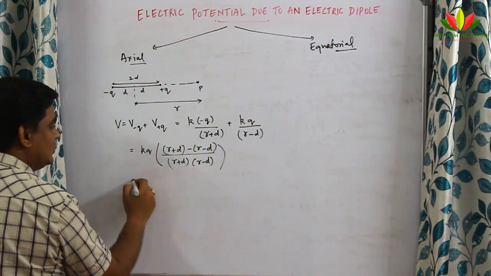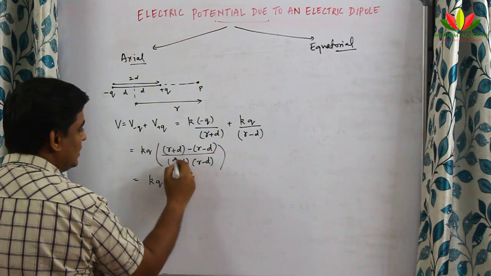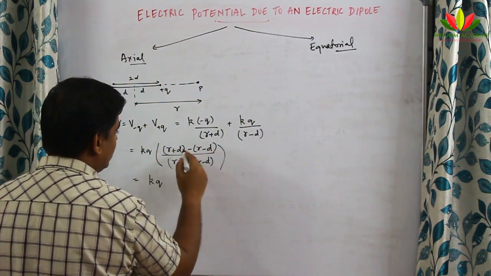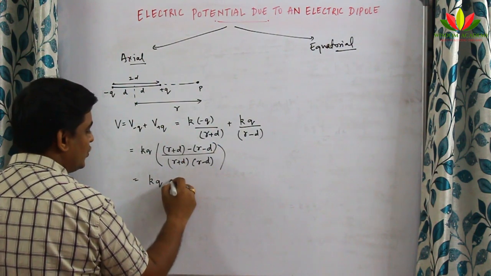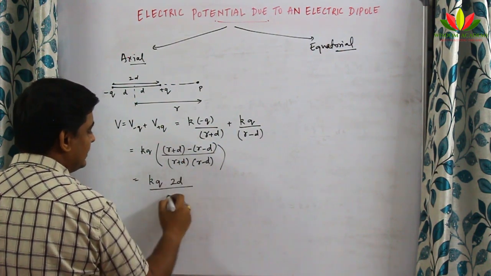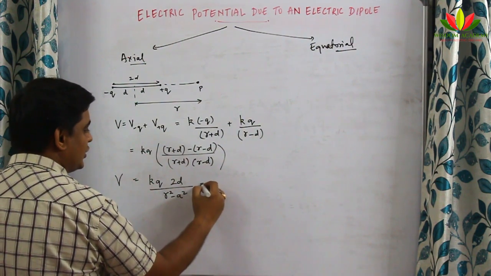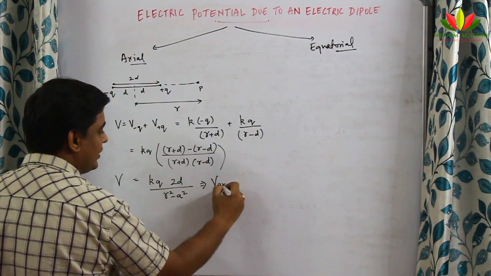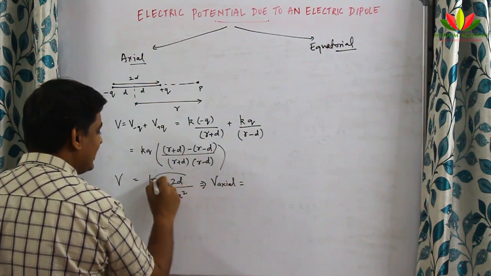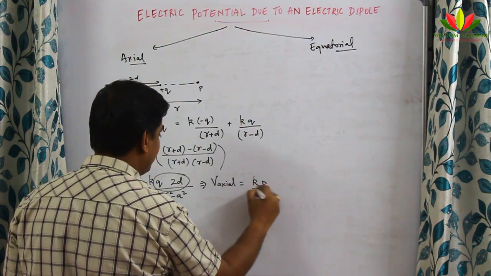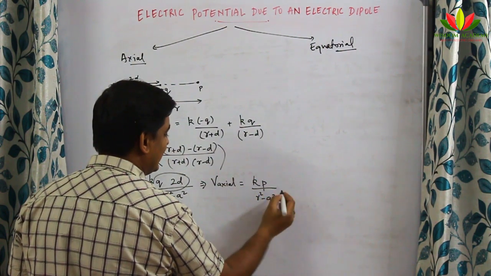When you solve this, you get kq, the r will get cancelled, and we get k into q into 2d by r square minus d square. So what did we get for the potential at the axial point? What is q into 2d? This is called the dipole moment p. So it was k into p by r square minus d square.